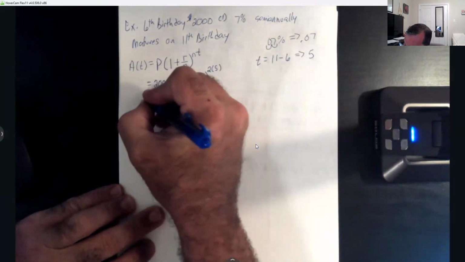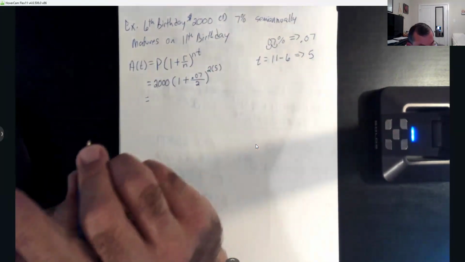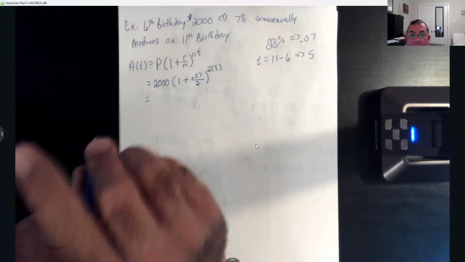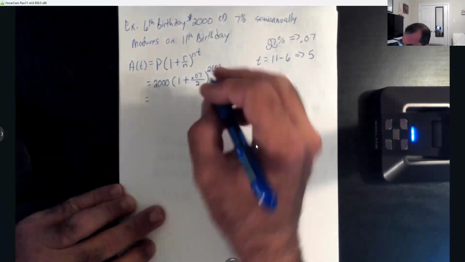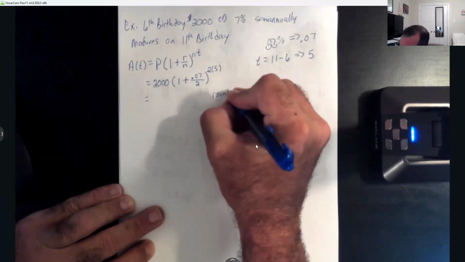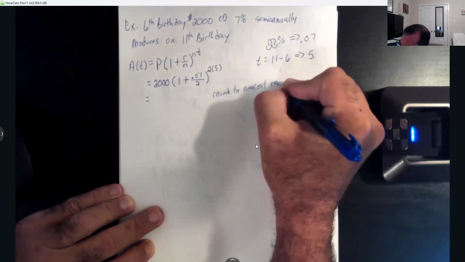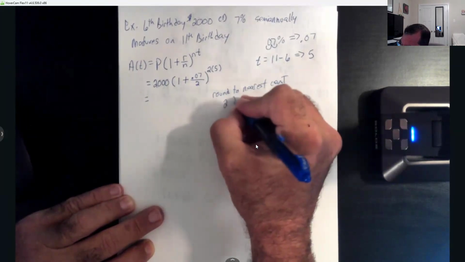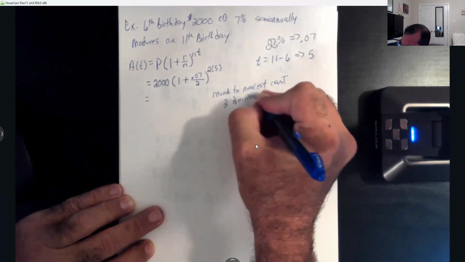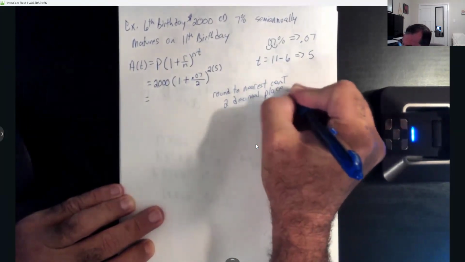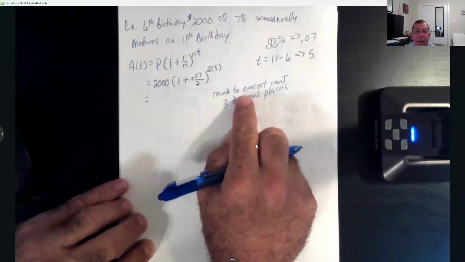So we put our 5 in. Now this one wants me to round off to the nearest cents. So round to the nearest cent, and that means 2 decimal places. Sort of like money there, okay?